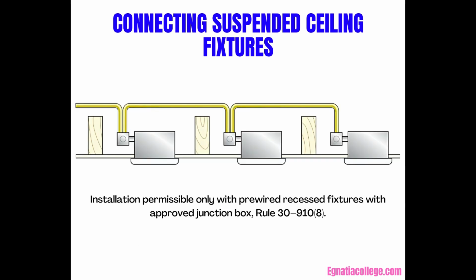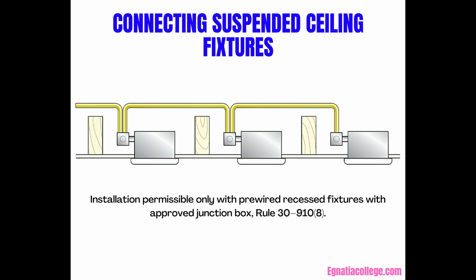When the only access to the junction box is through the fixture opening, the opening must be at least 180 cubic centimeters with no dimension less than 15 centimeters unless the entire fixture and junction box can be removed from the ceiling, Rule 30-910-5. Many small, low-voltage spotlights installed in today's homes do not meet this requirement. Therefore, an alternative access method would be required, such as through an attic, or a removable fixture must be installed.